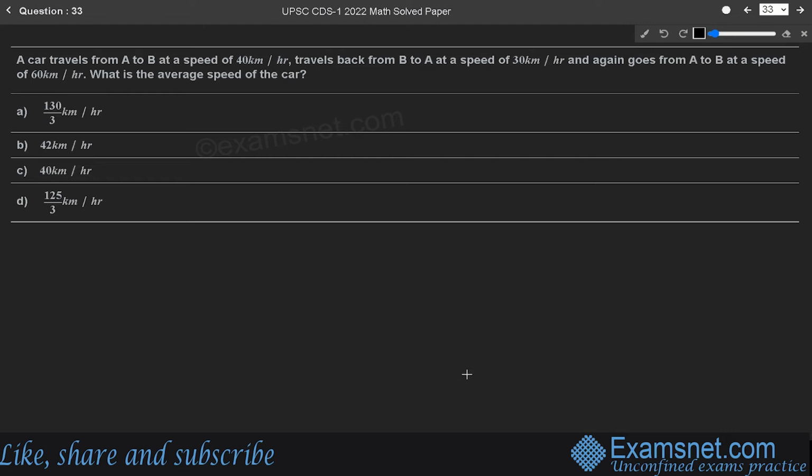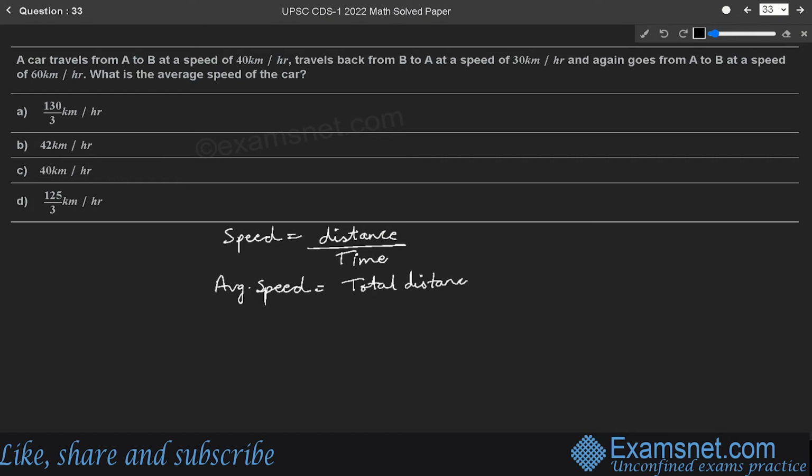Before talking about average speed, let us talk about speed. We know that speed is equal to distance upon time, and we know that average speed is equal to total distance upon total time.